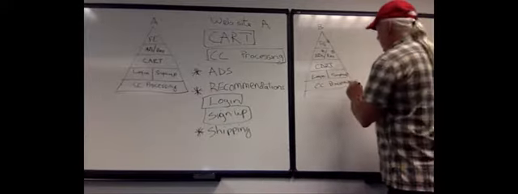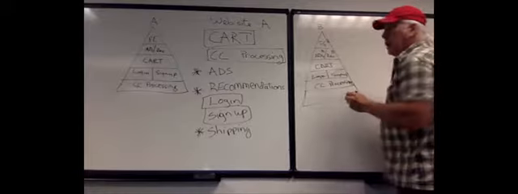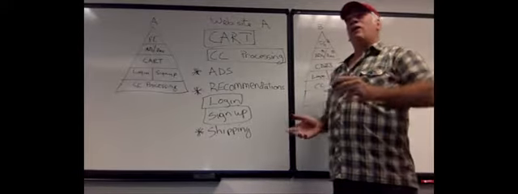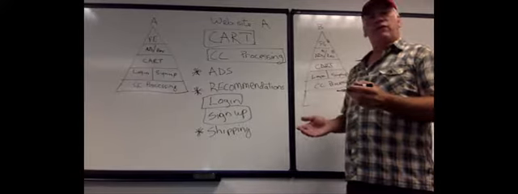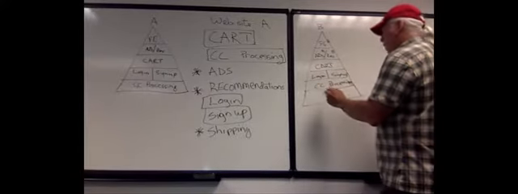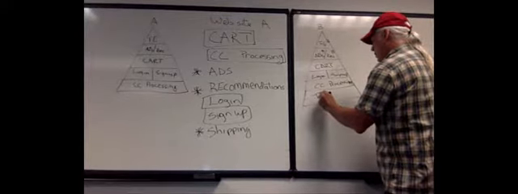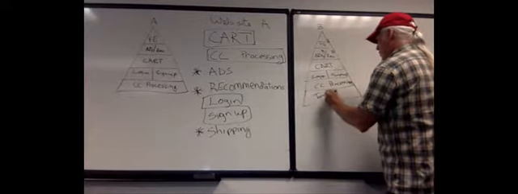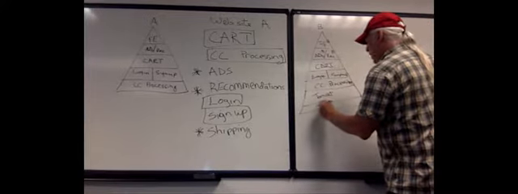Now below these, if we go into the infrastructure layer, we'll actually have pieces that need to be in place at the infrastructure layer. And this would be something like, let's say all this is running on a Tomcat. And then below Tomcat, we're going to have the version of Java.